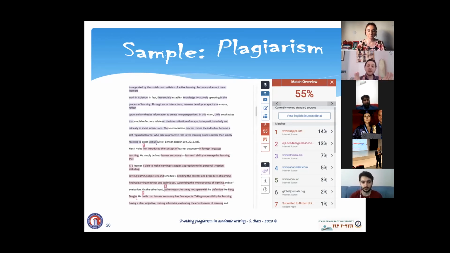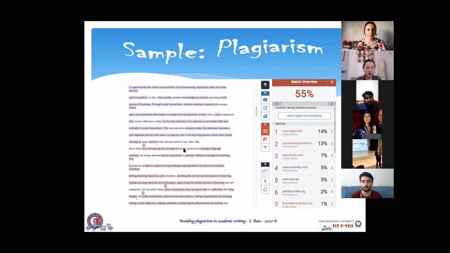I don't say plagiarism. Turnitin says 55% matches with other sources. So I am going to check whether it is due to plagiarism or not. For example, I am checking the expressions. They are the expressions as in the original version.